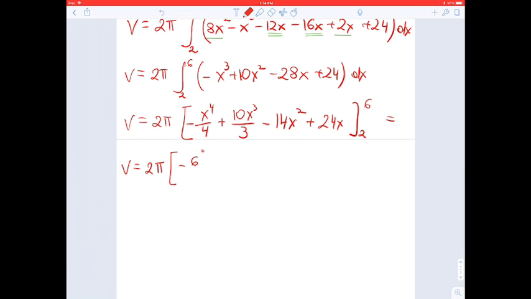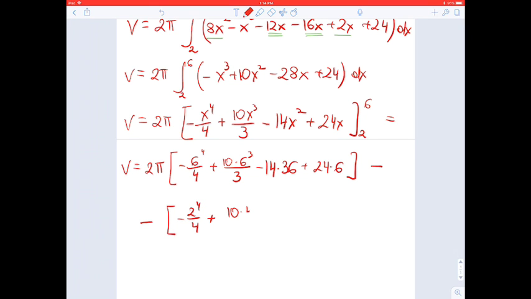Negative 6 to the power of 4 over 4 plus 10 times 6 cubed over 3 minus 14 times 36, because it's x squared, 6 squared, plus 24 times 6. And then minus, we have to substitute the lower limit: 2 to the power of 4 over 4, 10 times 2 to the power of 3 over 3, 14 times 4, 2 squared, and 24 times 2.